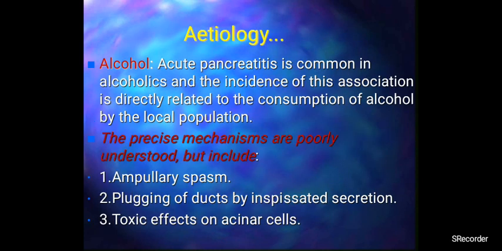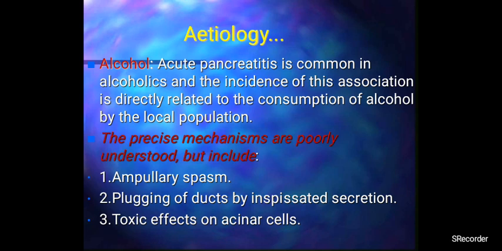When a person is an alcoholic, there is a high chance of them developing acute pancreatitis, but the precise mechanisms of how this leads to pancreatitis are poorly understood. Some of the suggestions: first, ampullary spasm.